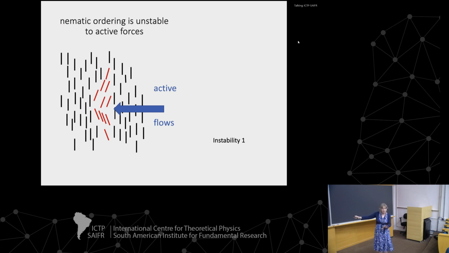So in an active system, I'm going to have additional stresses, and I'm going to get additional flows. If you work out the direction of these flows, it turns out to be that way. So this distortion is not going to relax back. It's going to just get bigger and bigger, and the nematic order is going to be destroyed.